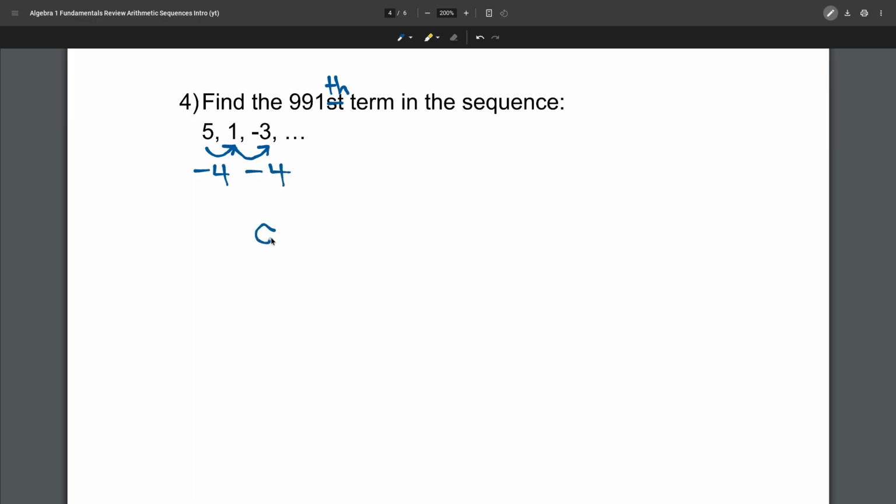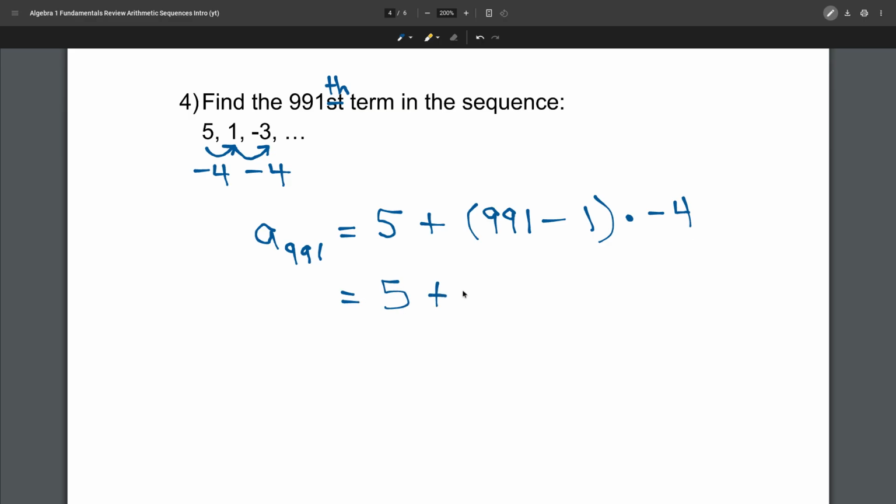So we're going to say that the 999th term, a sub 991, equals the first term 5 plus 999, or 991 minus 1 times -4. So that's going to be 5 plus 990 times -4.